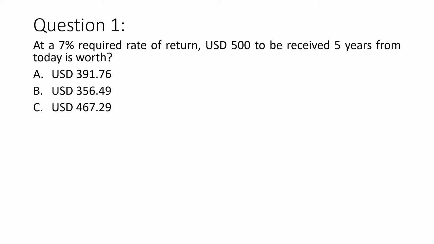Question 1. At a 7% required rate of return, how much is $500 to be received after 5 years worth today? Okay, so basically this $500 is the future value. We need to compute the present value over a 5-year period.